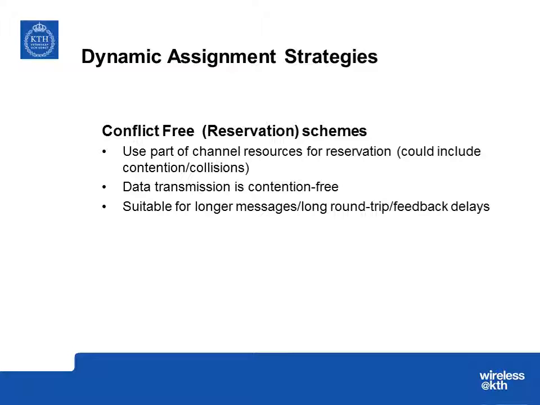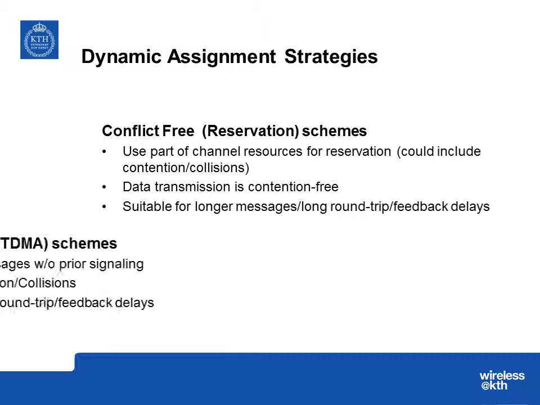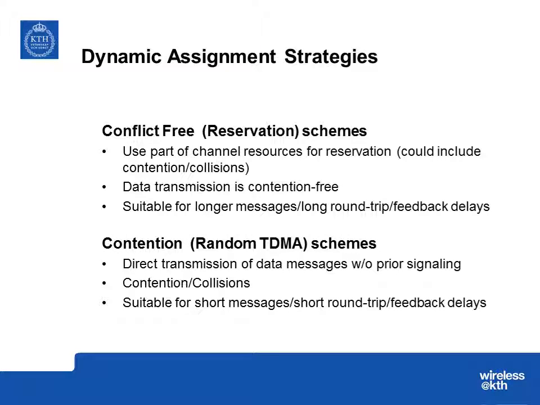So it is obvious that if we have very long messages, and the contention period or the channel reservation period becomes very small, this can be a very effective way of providing multiple access. If, on the other hand, the messages are short, the other type of dynamic assignment strategies becomes more favorable, and that is what we call the contention or random TDMA schemes.